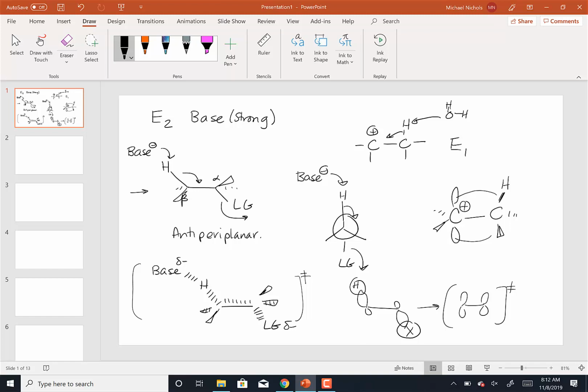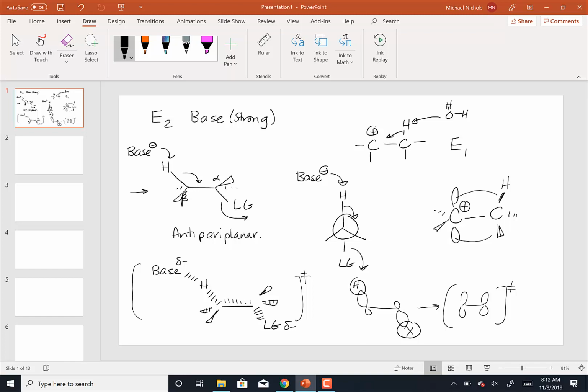That's the reason why it has to be anti-periplanar: the orbitals move in one efficient way to get to the transition state, which gives you a lower energy. The more movements of atoms you have to make, the more energy it takes, and the higher the transition state energy. So this way, it's the smoothest way to get there.